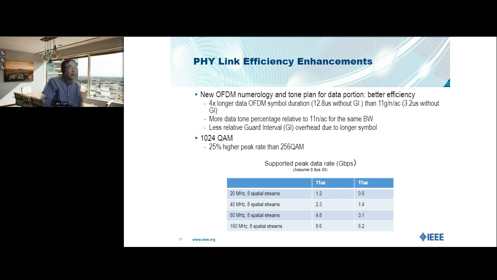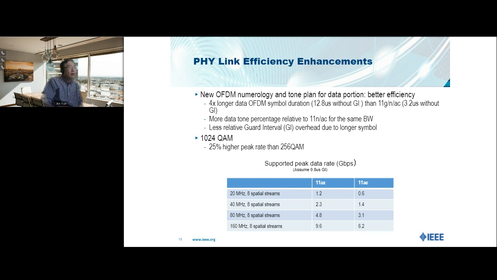The first one, we can pack a higher percentage of data tones than 11n or 11ac for the same bandwidth. For example, for 11n and 11ac 20 megahertz, you have only 52 data tones.